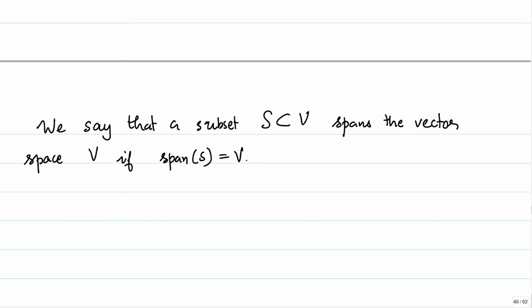We say that it spans the vector space V if the span is the entire vector space.